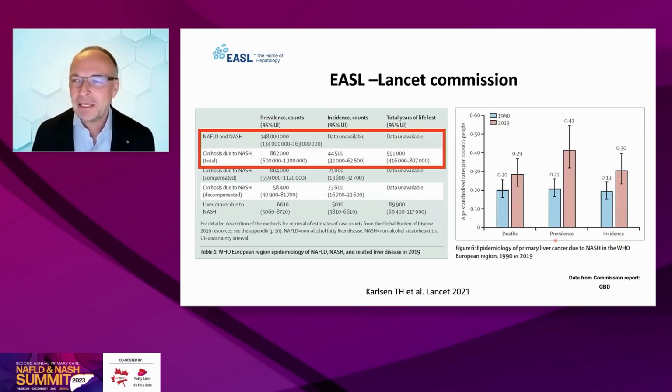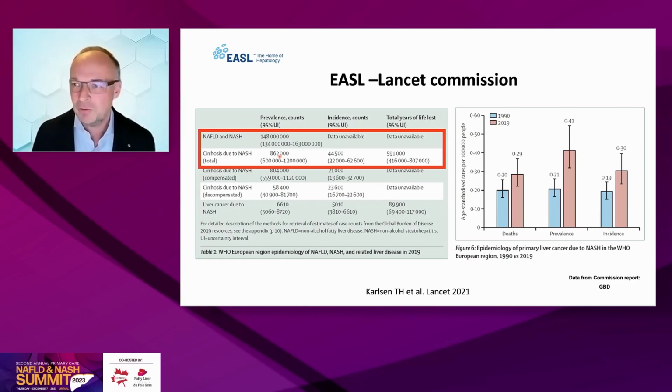And then again, back to the societal challenges. This is from the EASL Lancet Commission numbers in Europe. Now, prevalence here in Europe, 148 million people have too much fat in the liver. It's associated, as we can best estimate, with 862,000 patients with cirrhosis due to NASH.